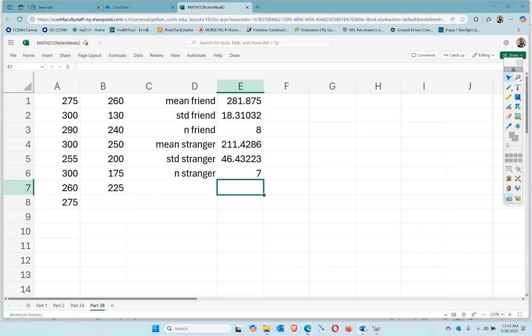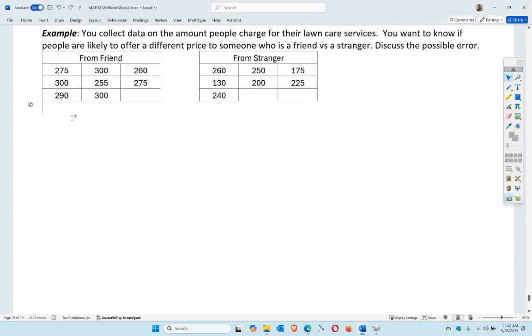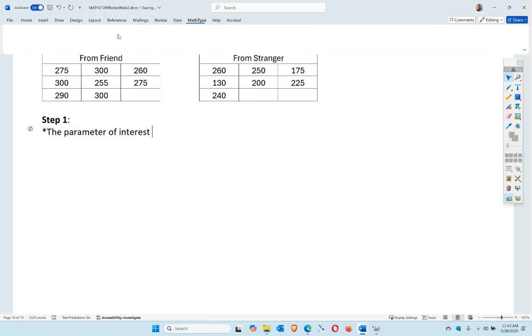Okay, so now we can go back to here and do our hypothesis test to figure out, is there actually a difference in what we charge friends versus strangers? Right, so this is, all right, we'll say step 1. What are we doing? So the parameter of interest, we're doing mean now, right?